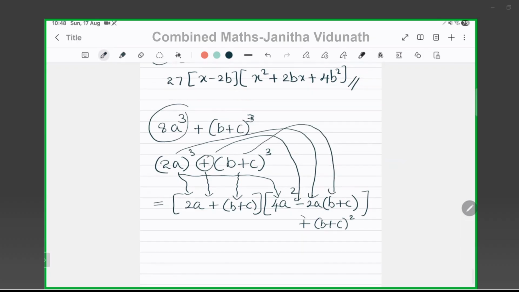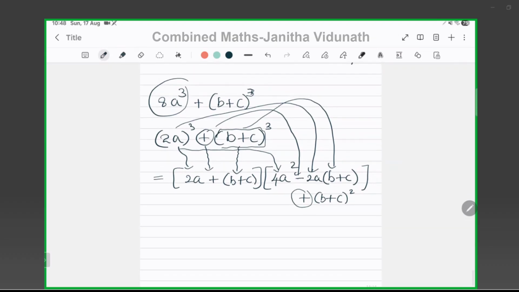Finally, we get our always positive sign and the square of the second term. Okay. Then we have 2a plus b plus c times 4a square minus 2a times b plus c plus b plus c whole square.